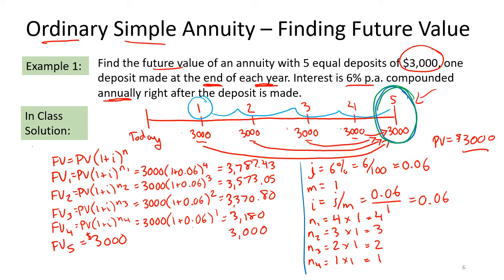So now, just like we've done in the past, you should be able to just add all of these up, and you should have your future value, right? Because now we've shifted each of these $3,000 deposits to be at the same focal date. Okay, remember we talked about that in our previous unit.